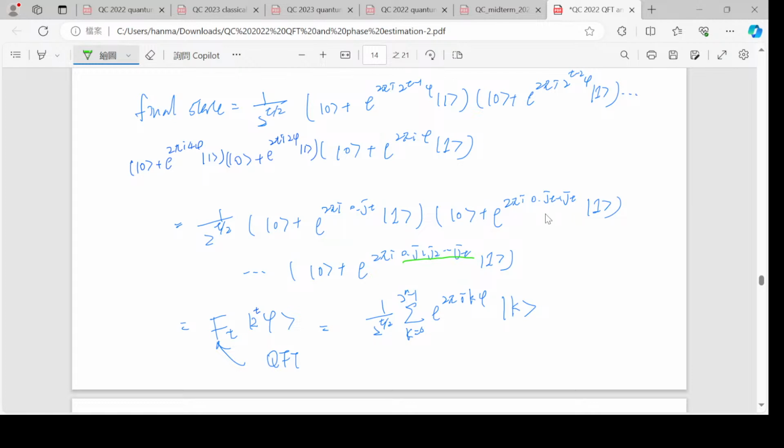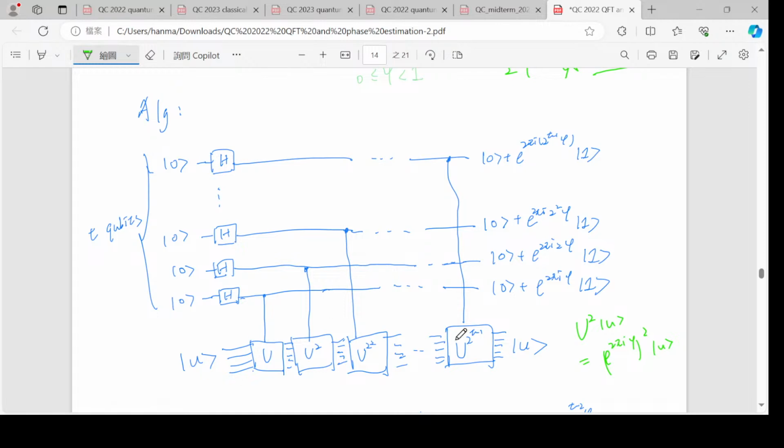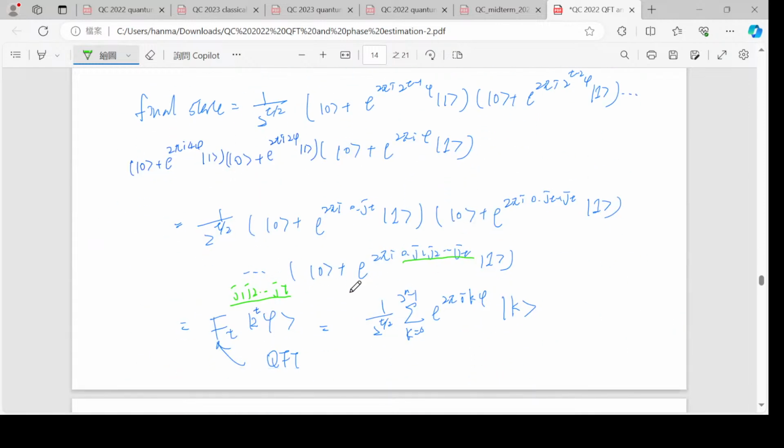So what's this thing? We have seen this before. This is the quantum Fourier transform of 2 to the T phi, the quantum Fourier transform of j1 j2 to jT. So we see that if we do this kind of phase kickback, we get a quantum Fourier transform of j1 j2 to jT.